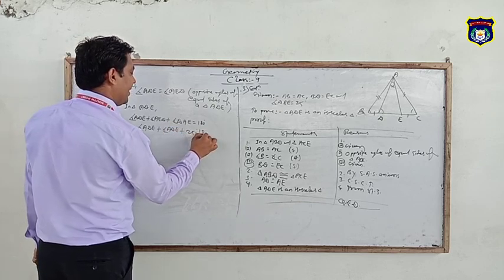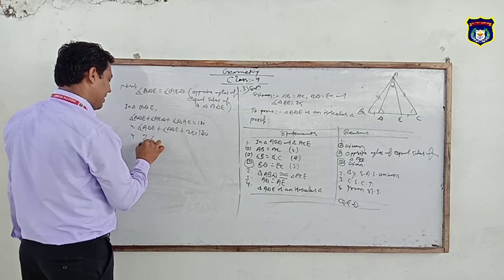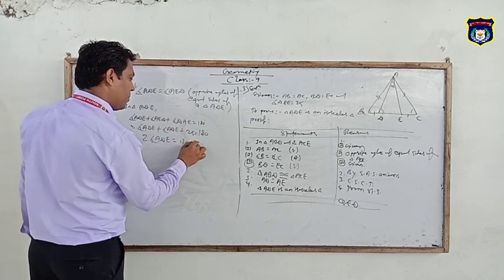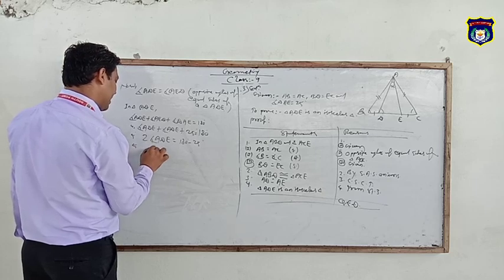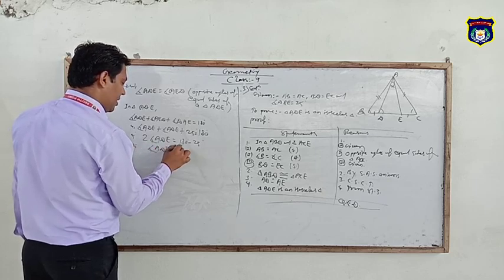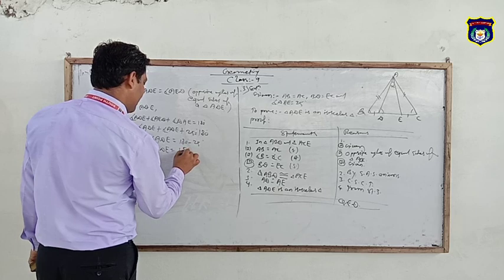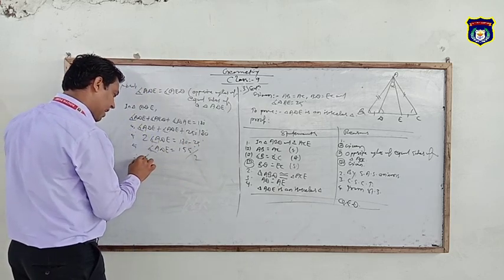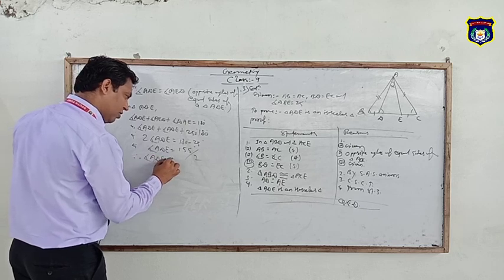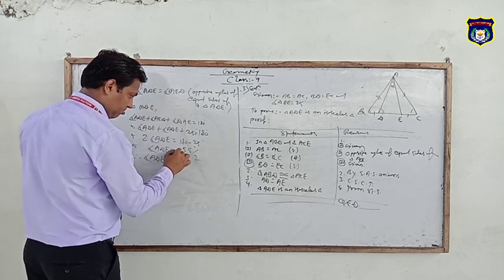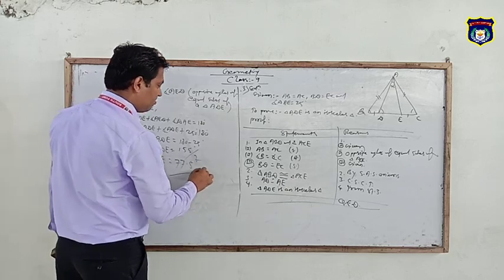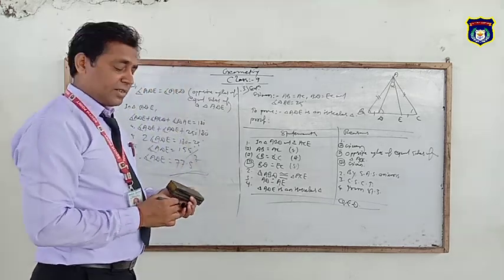Twice angle ADE equal to 180 minus 25, so angle ADE equal to 155 by 2. Therefore, angle ADE equal to 77.5.